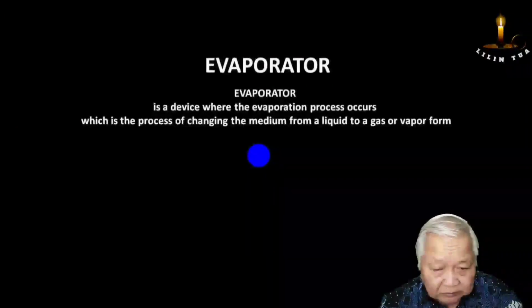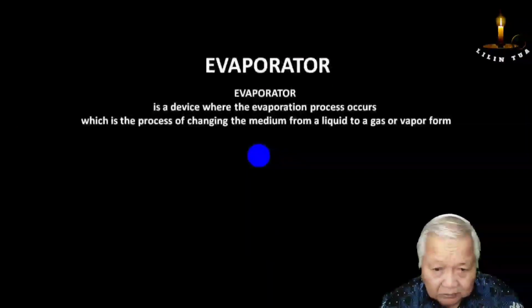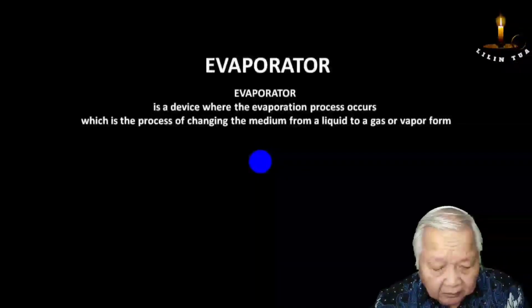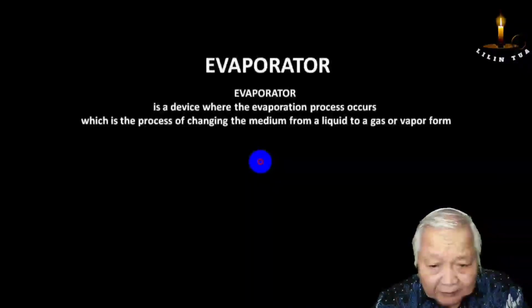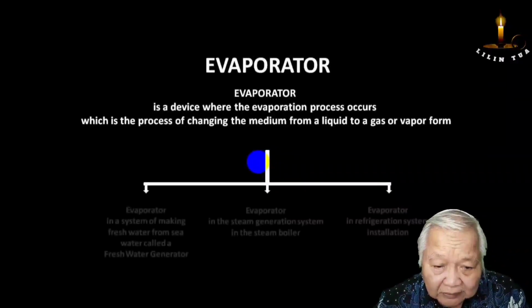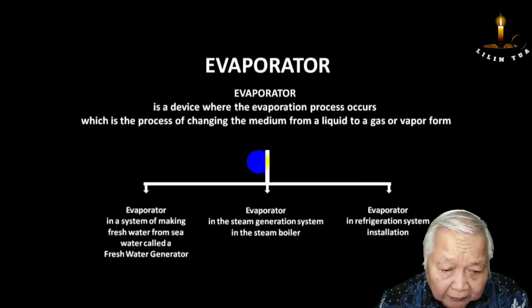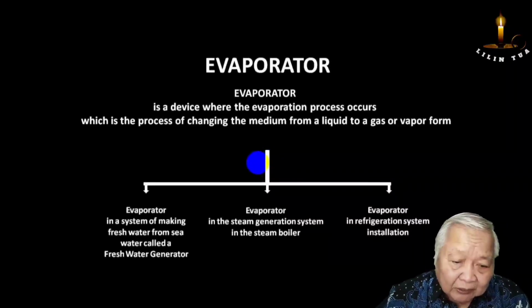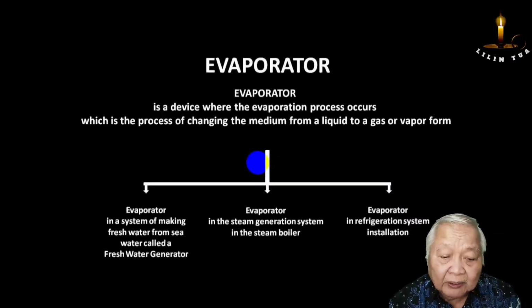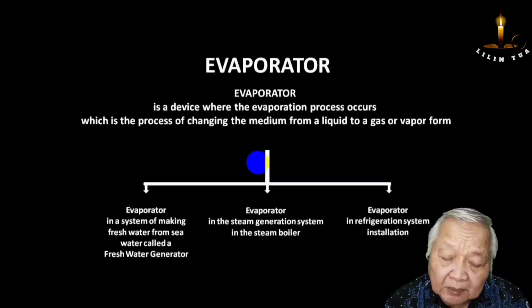According to this definition, we can find the evaporator in a system of making freshwater from seawater called a freshwater generator.